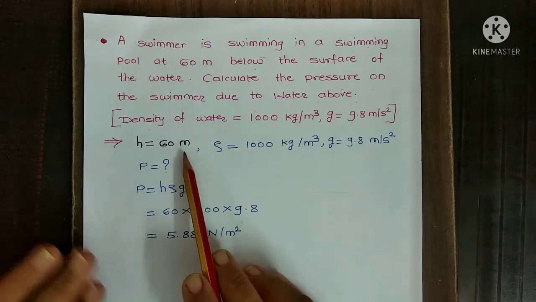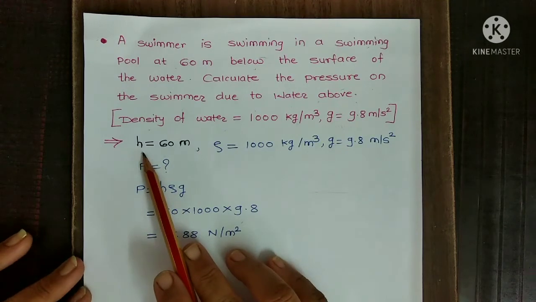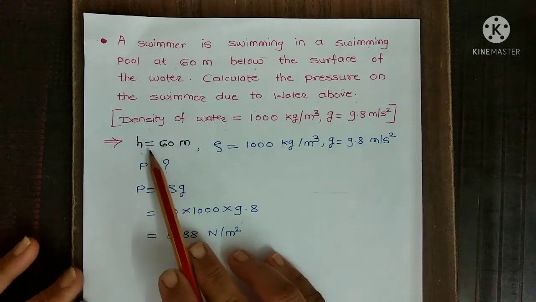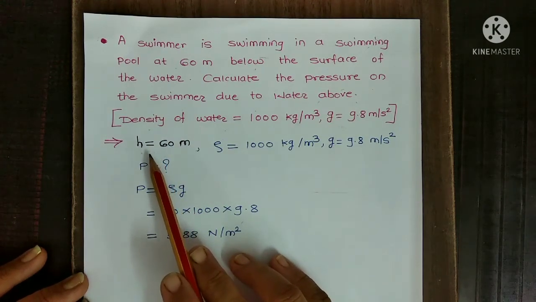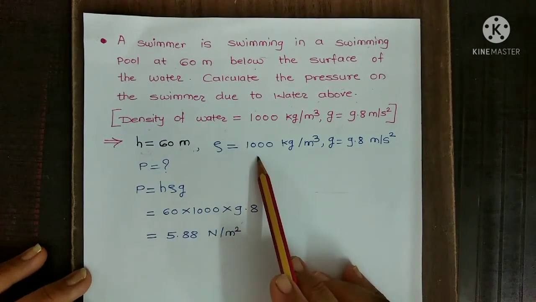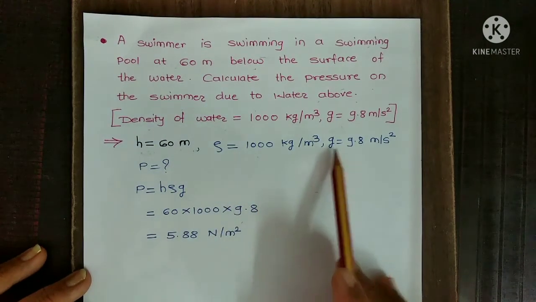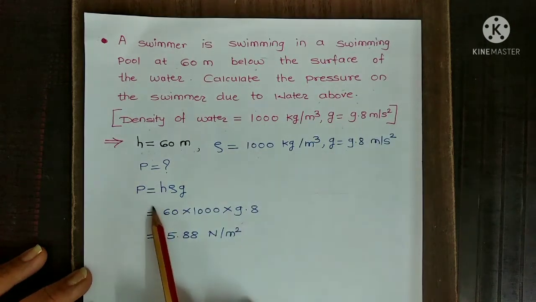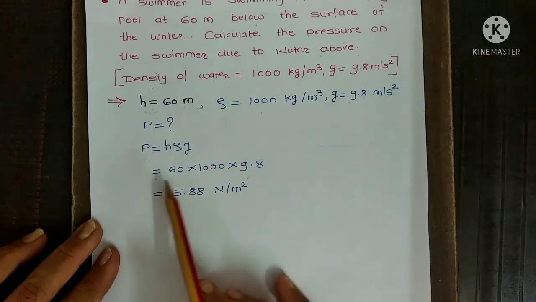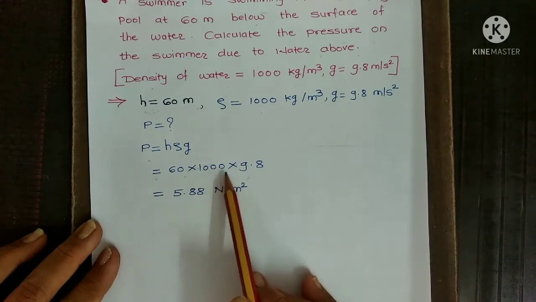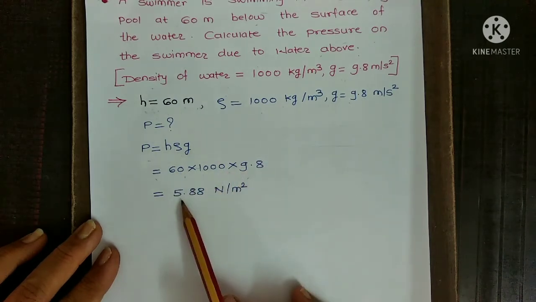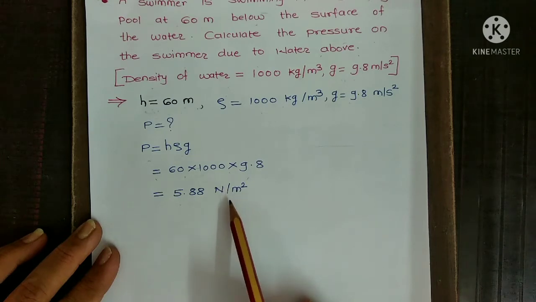Although this is a depth, we consider it as height, because the formula uses h rho g. So h is equal to 60 meter, rho is equal to 1000 kg per meter cube and g is 9.8. We know the formula P is equal to h rho g, which is 60 into 1000 into 9.8. Solving this, we get 5.88 Newton per meter square pressure.